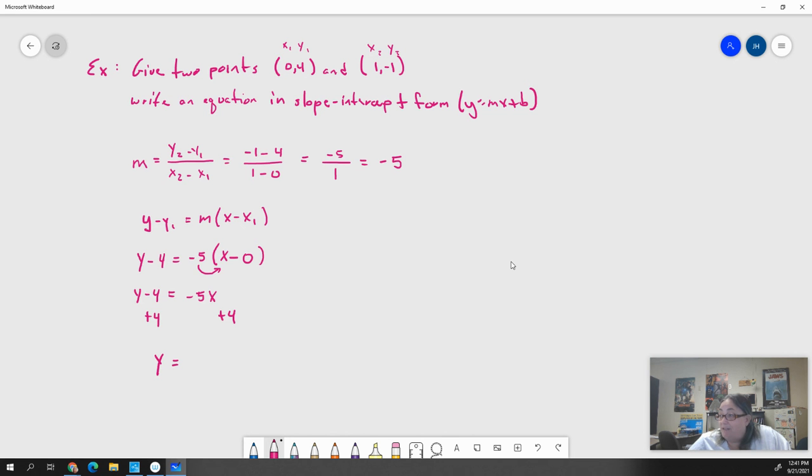One's an x and one doesn't have an x, but I can write it as minus 5x plus 4. This is the equation of our line, right? It is written in slope-intercept form. It is glorious because I can graph this very easily given this information, right? Because what do I know? I know I have a point.